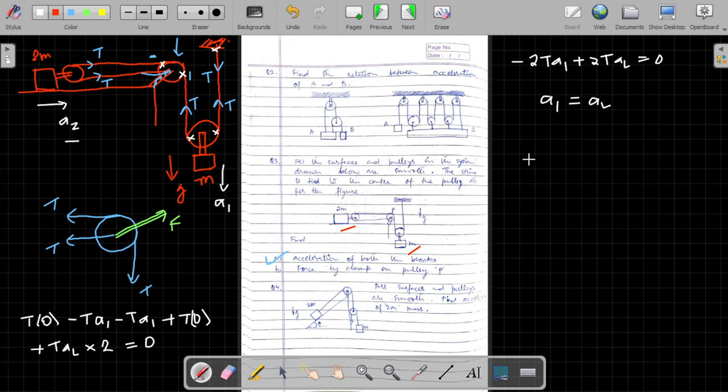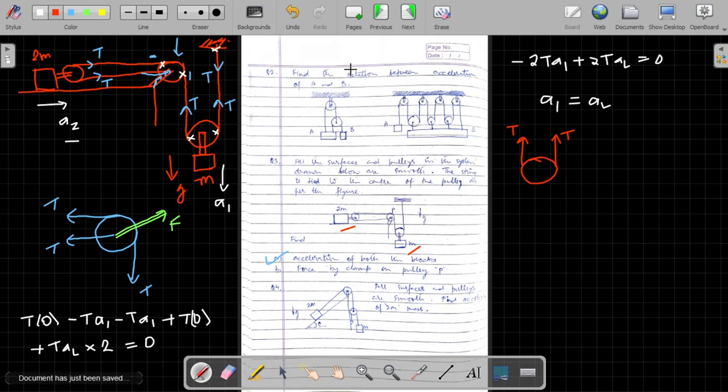But what would the value of these accelerations be? So we write the force equations of block number 1. The upward force acting on this system is 2T, the tensions acting in upward direction.